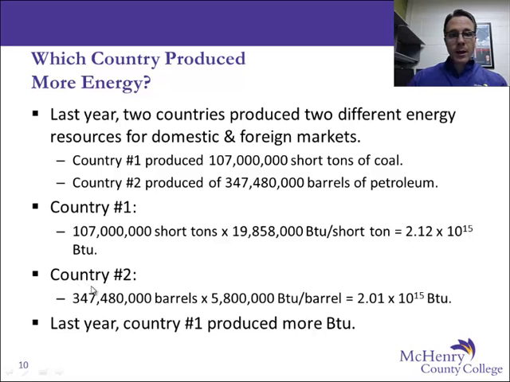Country number 2, by contrast, produced petroleum, and we have 347,480,000 barrels of petroleum, and each barrel containing 5,800,000 BTU. So you multiply the 2, and you get 2.01 times 10 to the 15 BTU. So now that we have BTU in each answer, we can easily compare the two, and we can say last year, country number 1 produced more BTU than country number 2.